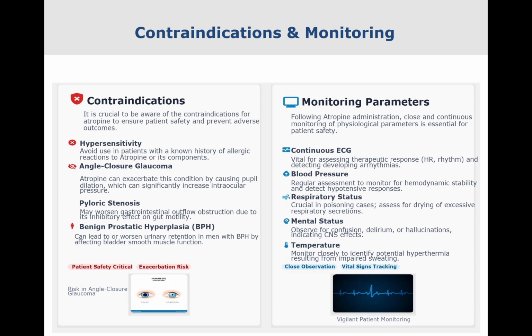Mental status must be continuously evaluated, particularly in elderly patients who are more susceptible to CNS side effects. Finally, core body temperature should be monitored, especially in febrile patients or hot environments, given the risk of atropine-induced hyperthermia.